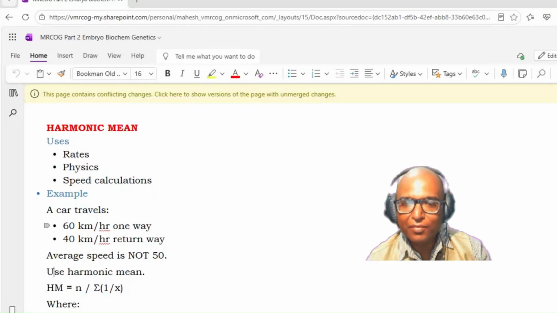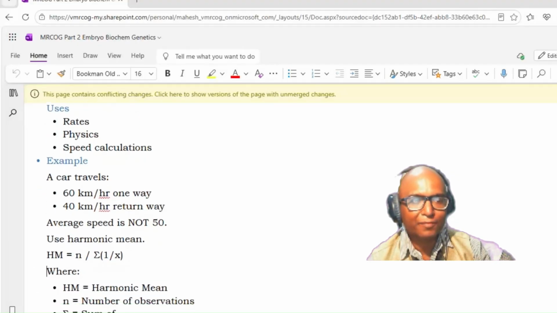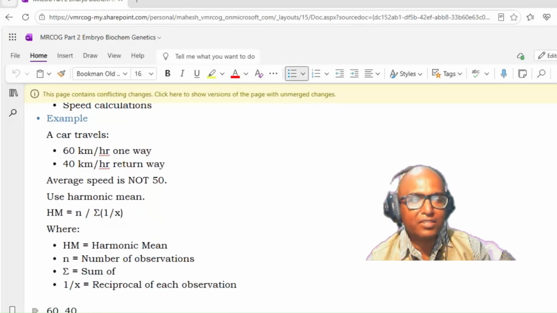Then you calculate the sum of that and divide the total number of observations, 10, by this sum. Here HM is the harmonic mean, n is the number of observations, and sigma is the sum of 1 upon x, the reciprocal of each observation.